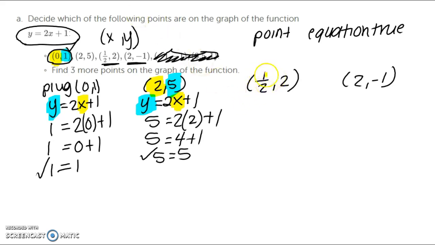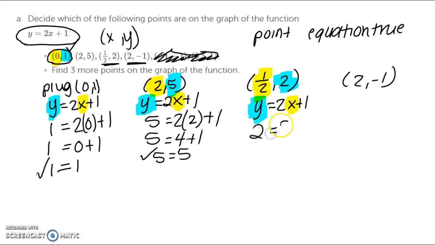All right, so hopefully you took some time to pause. We're going to go ahead and highlight where these go. So we're still looking at that equation y equals 2x plus 1. So my x value is 1/2, and that y value is 2. So I'm going to go ahead and plug in what I know.